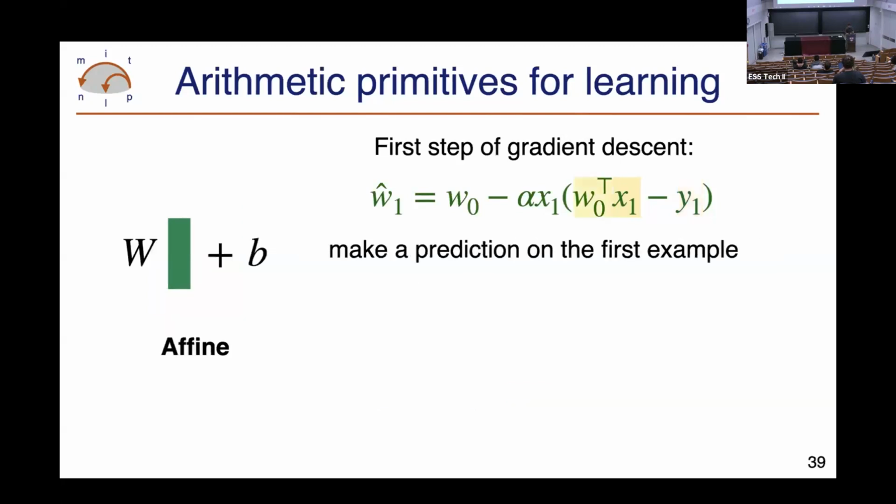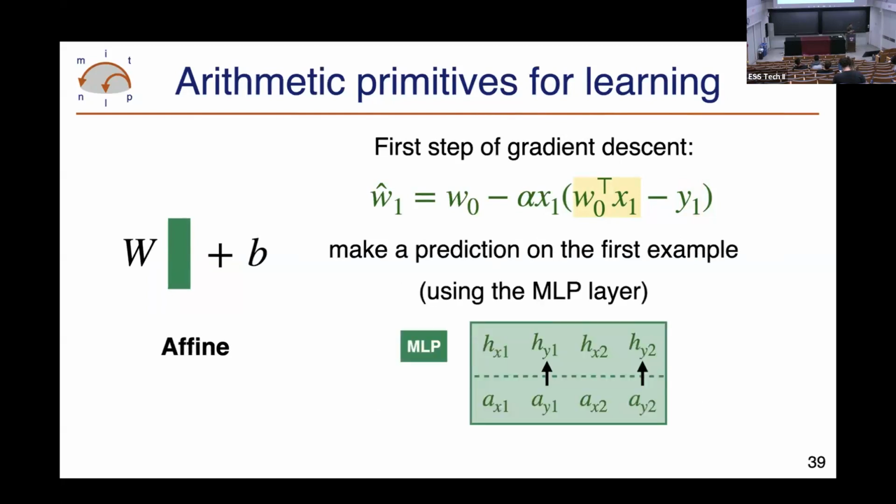Another thing that you need to do here is take affine transformations. For example, on this first step, we have some initial guess at the weight vector. We need to dot that by our initial feature vector to figure out what our error is. And so we need some way of doing affine transformations. And affine transformations are in some sense the only thing that these multi-layer perceptron units can do. So this is very easy to implement using that MLP layer that we were showing before.